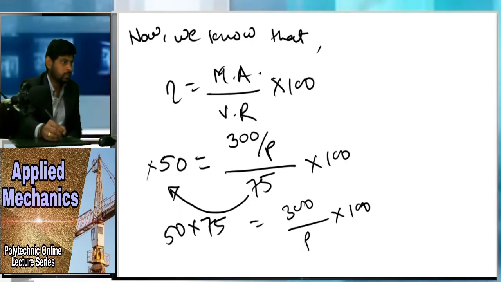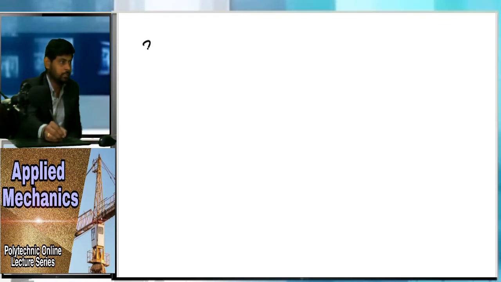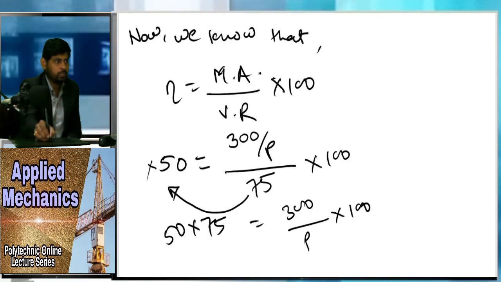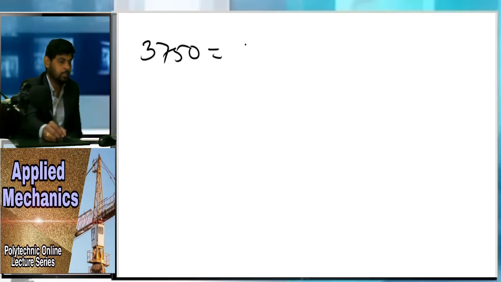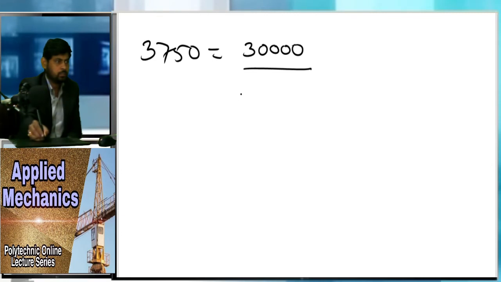So here 50 into 75 is nothing but 3750, equal to 300 into 100, that is nothing but 30,000 divided by P. Now this P shifts towards the left side.